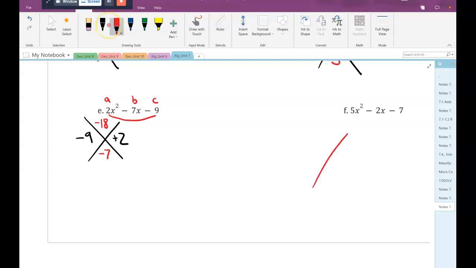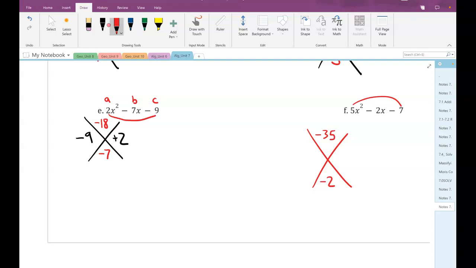All right, last example. We take 5 times negative 7, put that on the top. That's negative 35. And negative 2 on the bottom. Look at your factors of negative 35, and you have to get it so that when you add them together, it's negative 2.